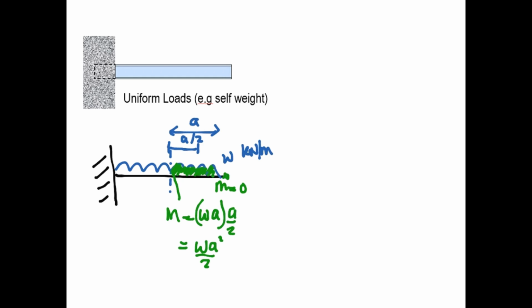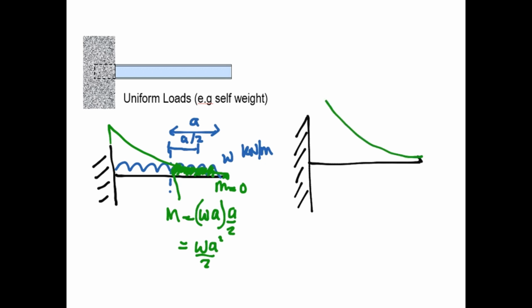So if you plotted that for different values, what you'll end up with is a bending moment diagram that is curved like that. So let's draw that out for the full beam, and we again will draw the beam like that. The bending moment due to a UDL on a cantilever will look like this, and that value will be equal to M is equal to WL squared over 2, where L is the length of the beam.